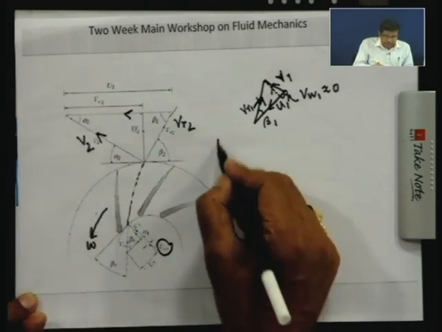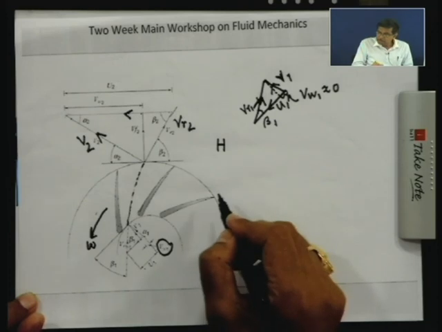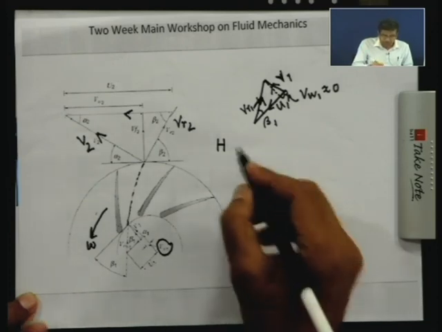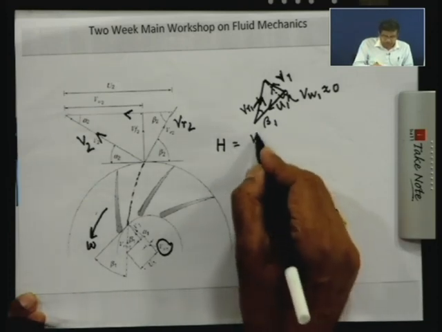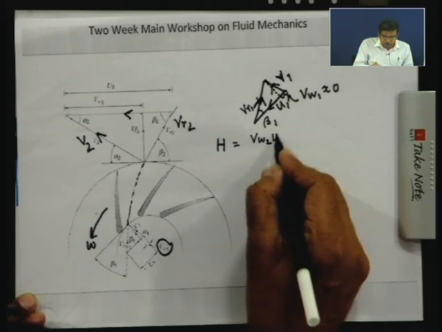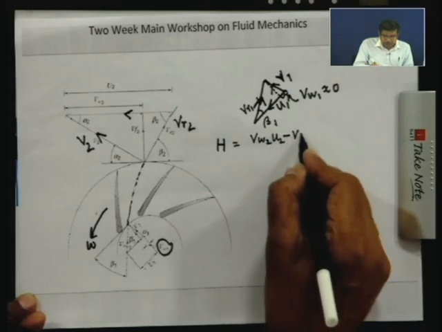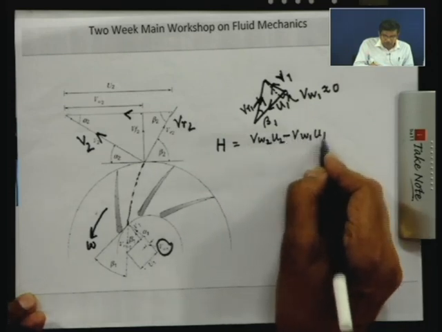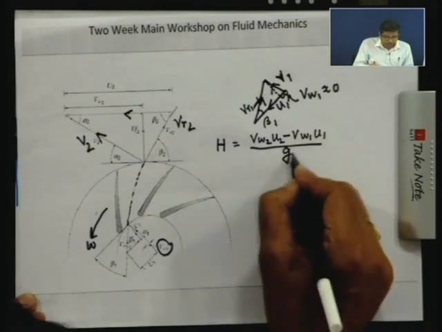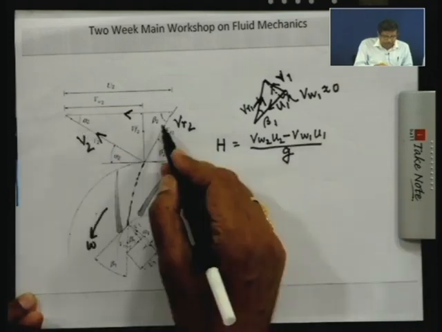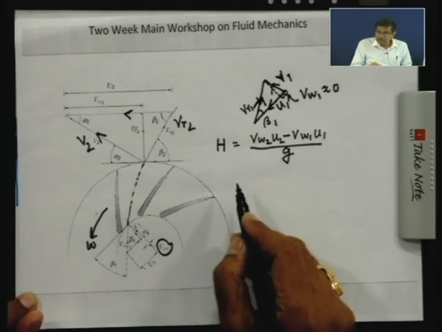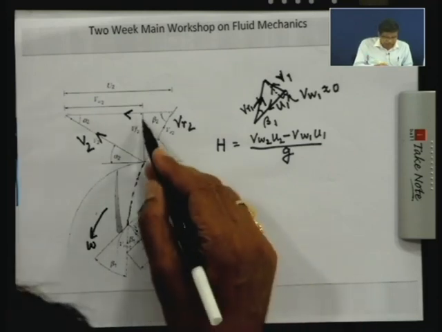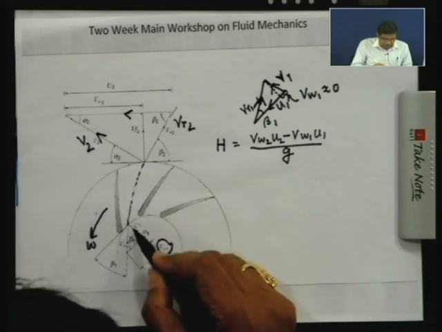Now, the head developed by the pump and given to the water is equal to what? It is (VW2 U2 minus VW1 U1) by g. The nomenclature of the angles remains the same, beta and alpha, with suffix 2 for the outlet, and this is the flow velocity at the outlet, Vf2. Similarly, this is Vf1.